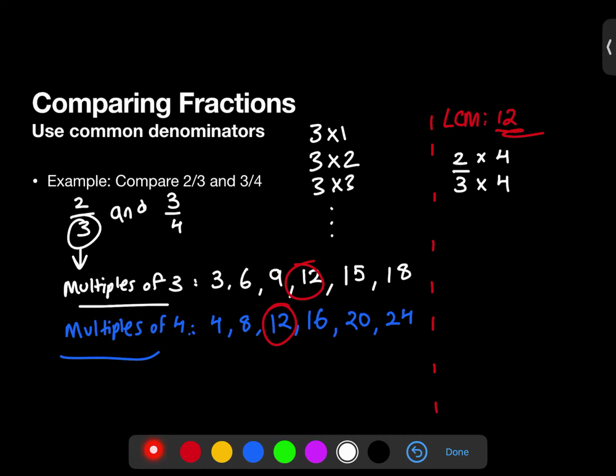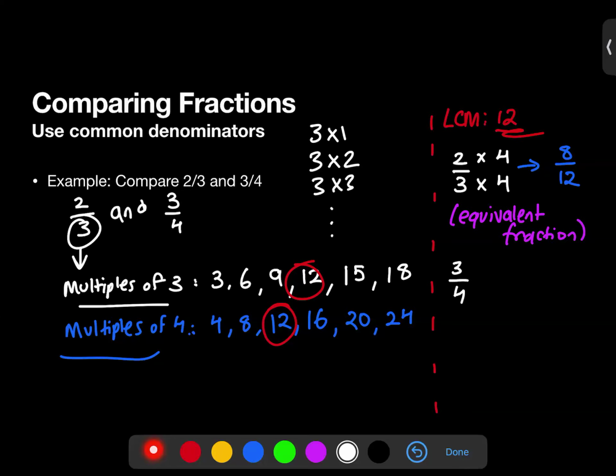So it's because we want an equivalent fraction, right? We want our original fraction, so 2 over 3, and we want an equivalent fraction. So we have to multiply both the top and bottom by 4. So if we do that, our new fraction is what? 8 over 12, correct? So now we'll do the same thing for 3 by 4.